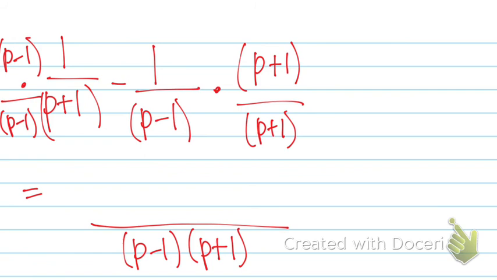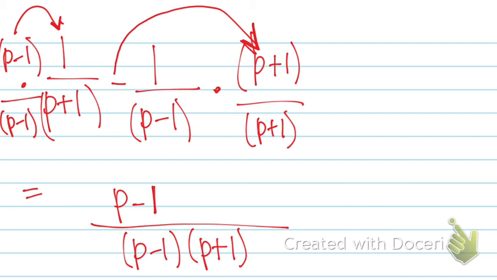Now I combine the top. P minus 1 times 1 is just P minus 1. Now I have to distribute this negative 1 to P. So a negative 1 times a positive P is a negative P. And a negative 1 times a positive 1 is a negative 1. Okay? Once again, we only combine the top.